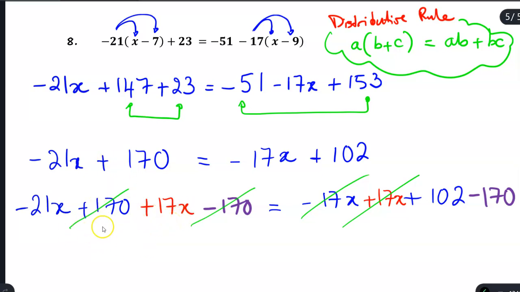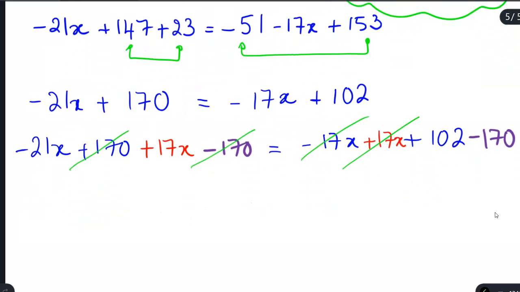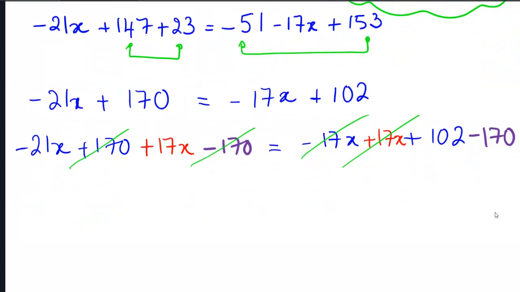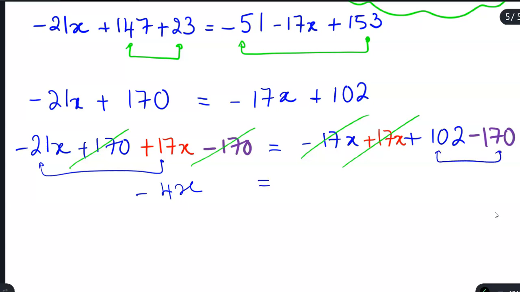Whatever I do on this side, I must do the exact same thing on the other side. The logic of solving a linear equation is like that. So now I can combine these two, which gives me negative 4x. On this side, combining these two numbers gives me negative 68.